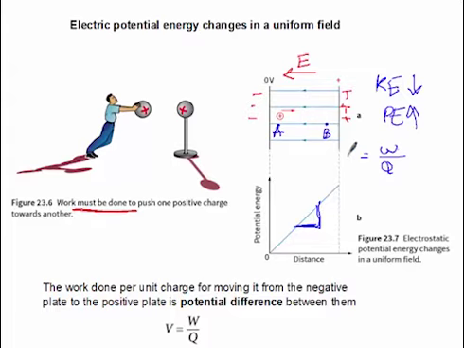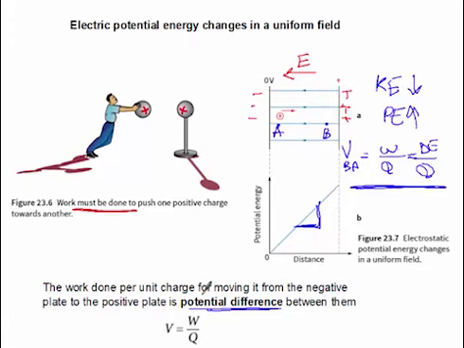It is the potential difference between point A and B. And we know that the work done is the change in energy. So let's come to a definition for the potential difference between 2 points.